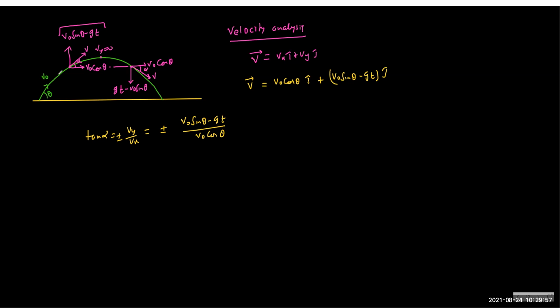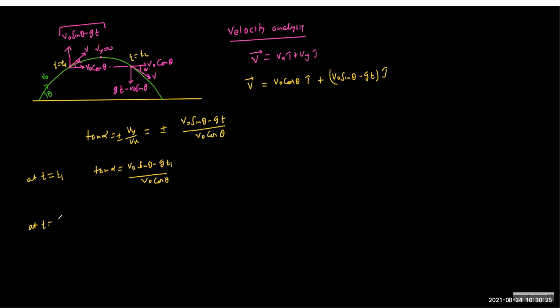Let's say you cross this point at t equals t1 and this point at t equals t2. If I want to use t1, can I write tan alpha equals v naught sin theta minus gt1 by v naught cos theta, because at the first point you are ascending. So at t1, because you are ascending, I can take the plus value.